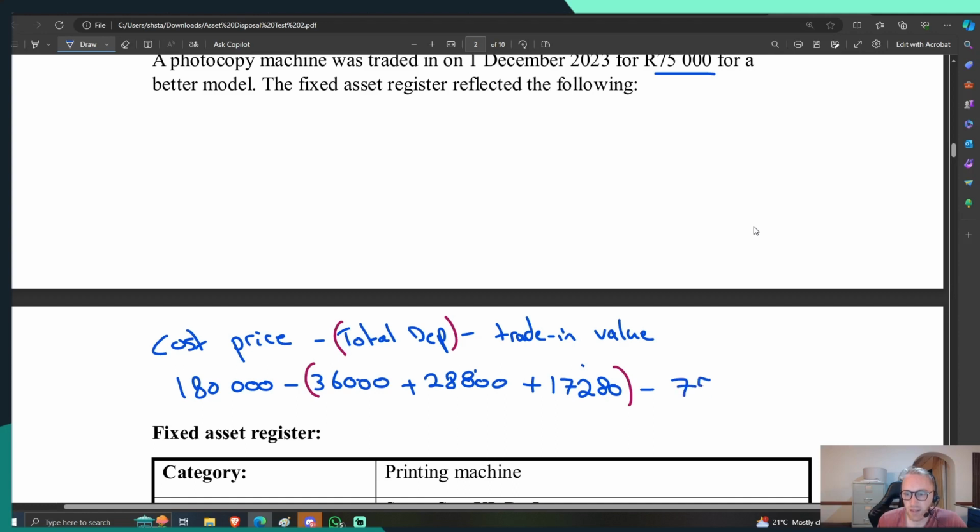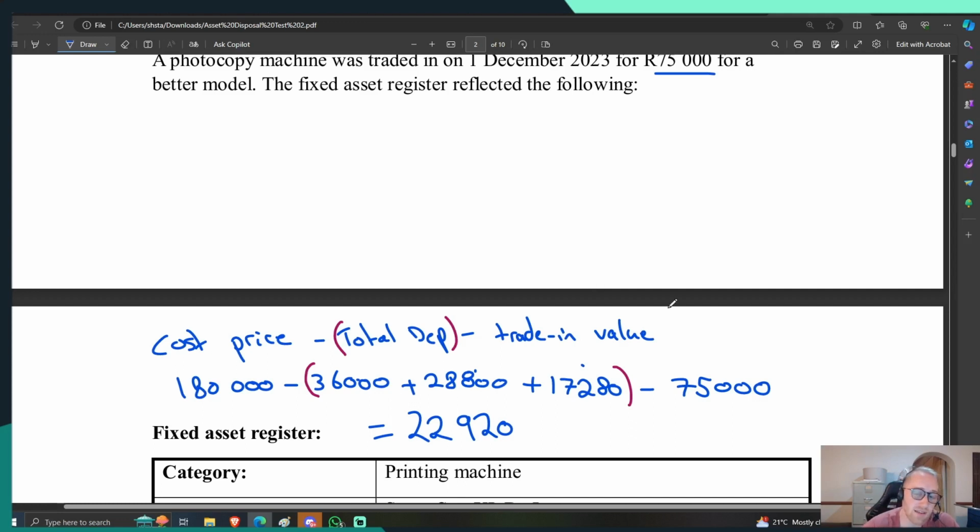We minus the amount we got for the asset, and let's see what our loss was. 180,000 minus 36,000 minus 28,800 minus 17,280, is 97,920. Minus 75,000 equals 22,920. If I have calculated correctly, the loss on the sale of this asset was 22,920.